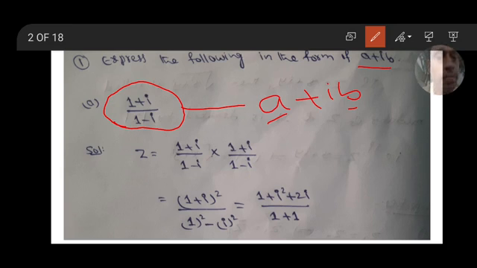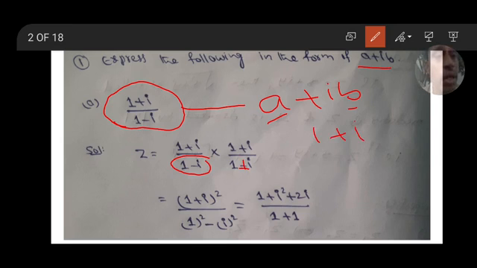Like division, it is z1 by z2, so you have to multiply and divide with the complex conjugate. Denominator 1 minus i is there, its conjugate means 1 plus i, you have to multiply and divide with 1 plus i.